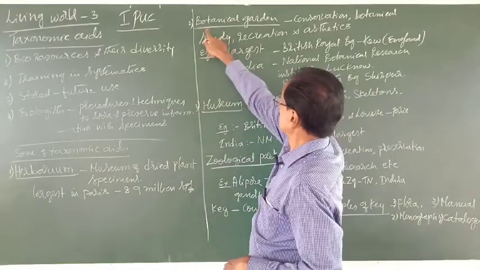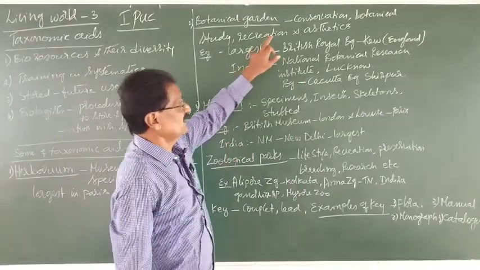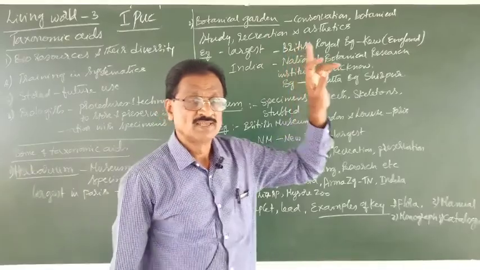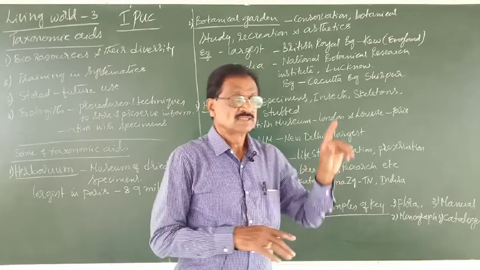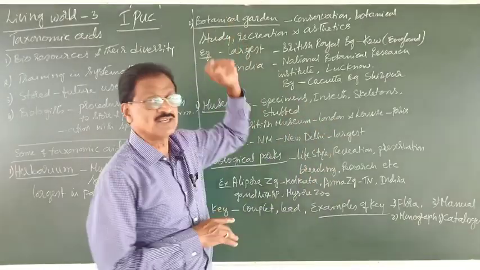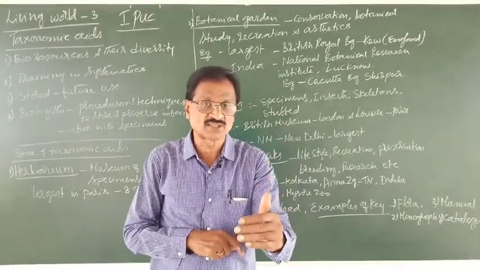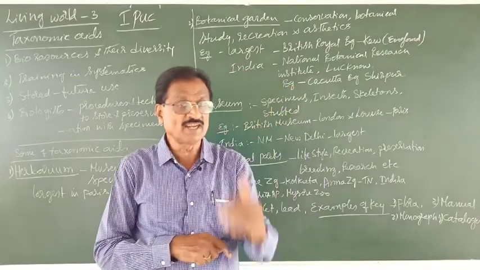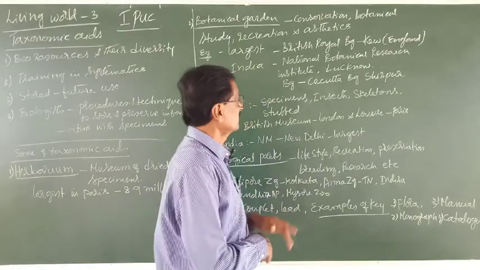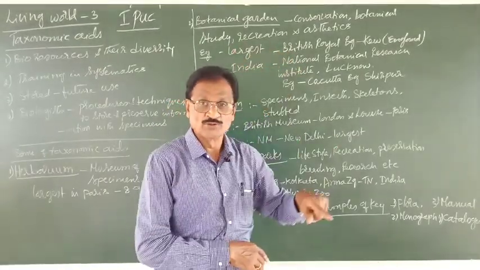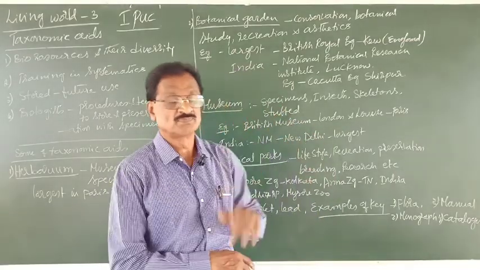Then the botanical garden, the second one. In the botanical garden, what is done? Here, not all the plants available in nature are grown. The wild varieties which are on the verge of extinction, or which are very rare in nature, are collected and grown in a known area which is called a botanical garden.